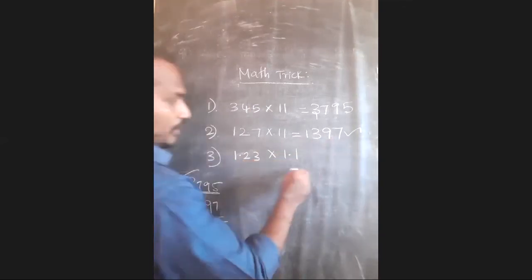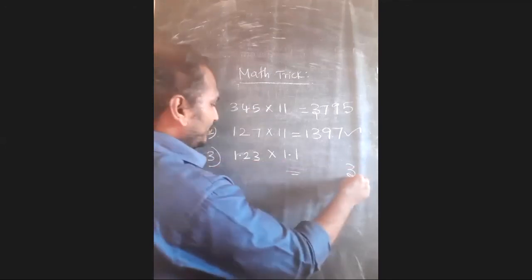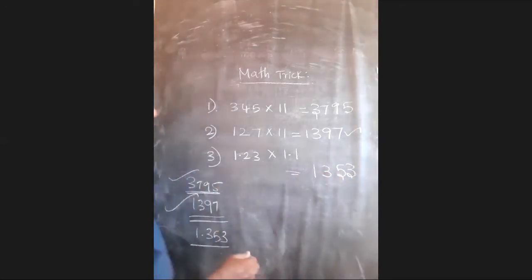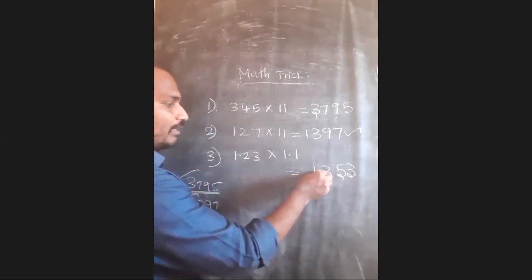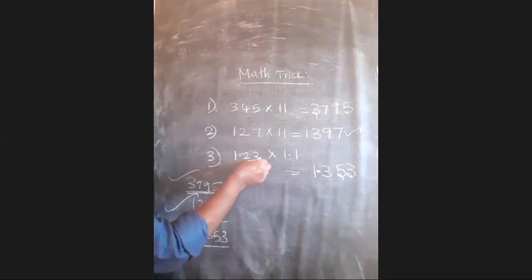Then next question, you forgot about the decimal. Later on, we will keep the decimal point. Then 3, 5, 3, 1. We have to leave 3 numbers from the right side to keep the decimal point. 3, 5, 3, because here after decimal point 2 numbers are there. After decimal point 1 number is there.